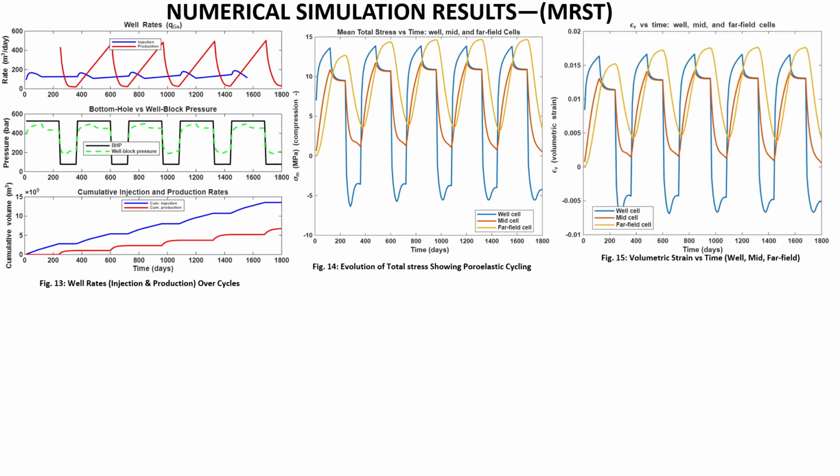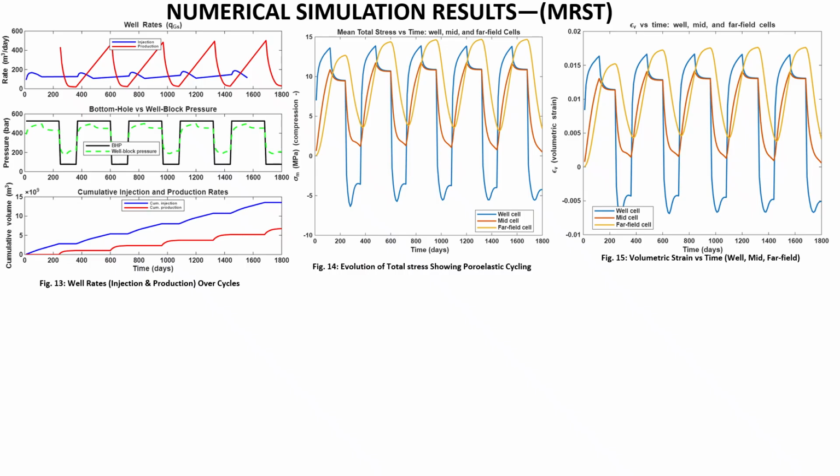Also in figure 15 I put up volumetric strain, which in the x-axis again we see time in days, and the y-axis is volumetric strain, where a positive volumetric strain would represent dilation or expansion, where we see an increase in the pore volume, which leads to swelling, and the negative volumetric strain represents compaction.